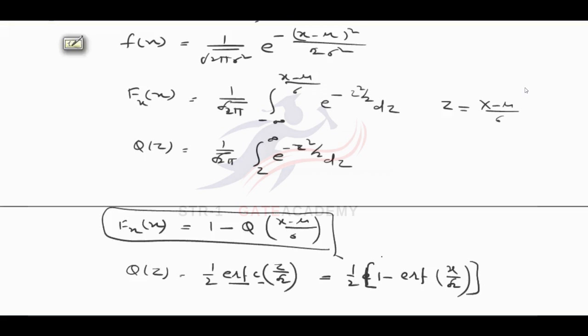All the formulas are revised. In short, ERFC of z upon root 2 is 2Q(z). In this way we discussed all types of formulas.